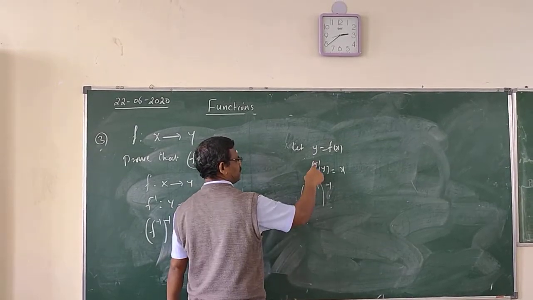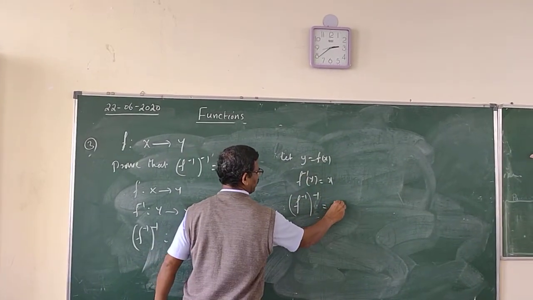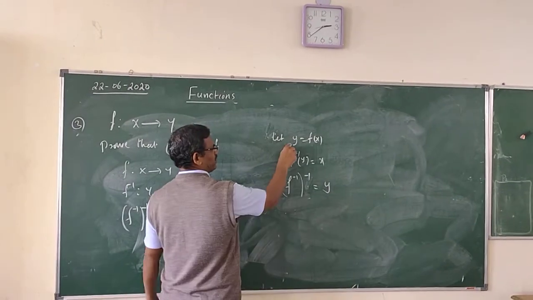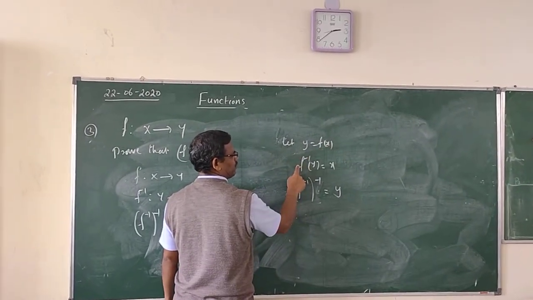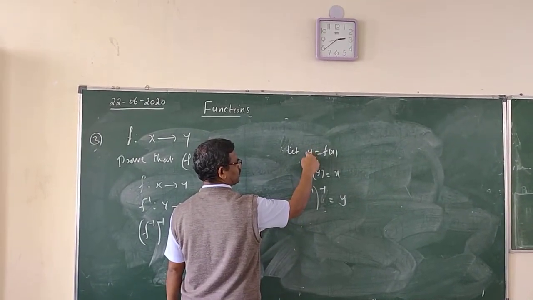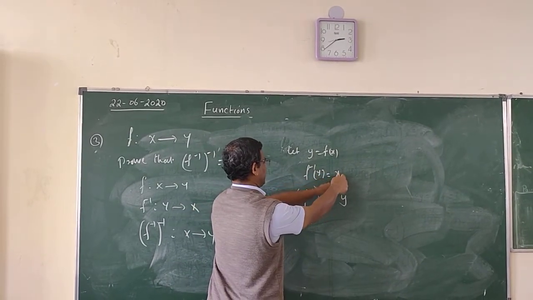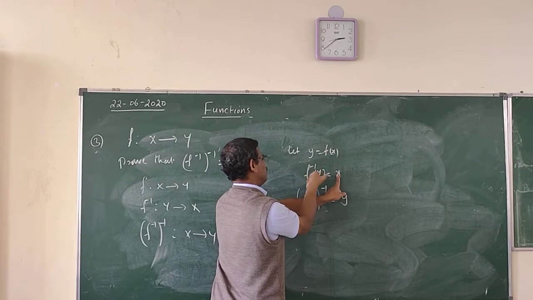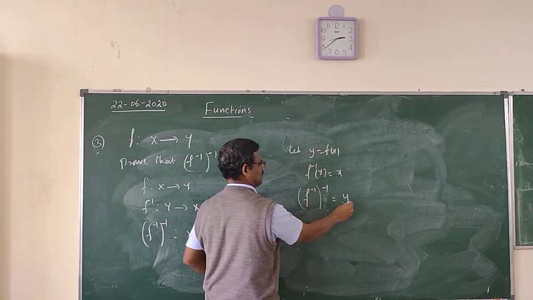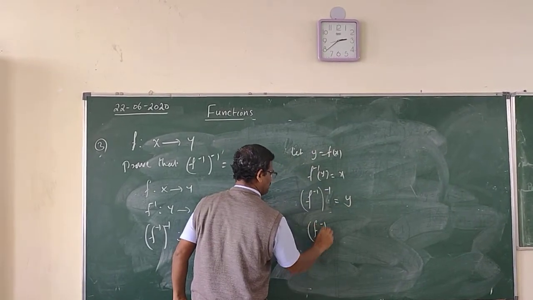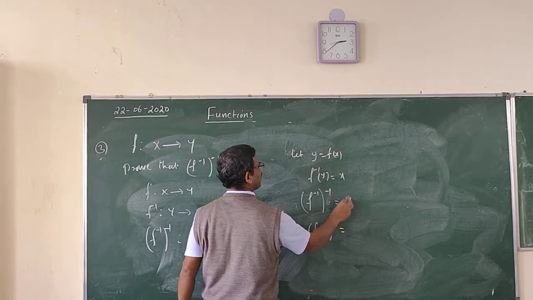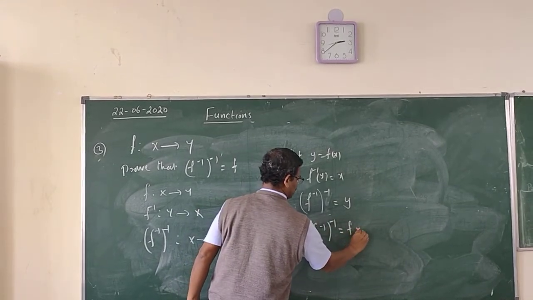And taking its inverse again, it will be from y. Y is equal to F of x, F inverse of y means the inverse of this will be x. And taking the inverse of x again under this, (F inverse) inverse is equal to y, which is equal to F of x.